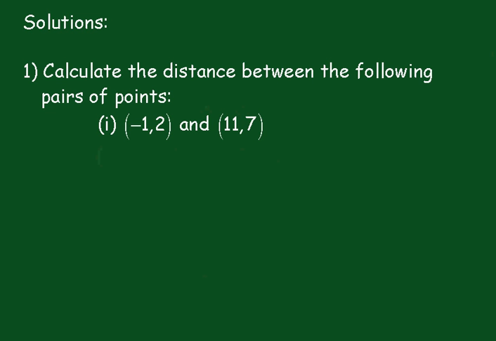Now here are the solutions. I'll make this one x1, y1, x2, y2. Distance equals the square root of x2 minus x1 squared plus y2 minus y1 squared.